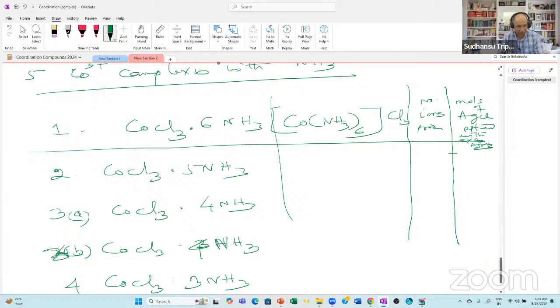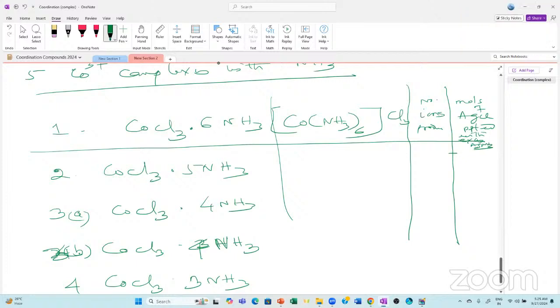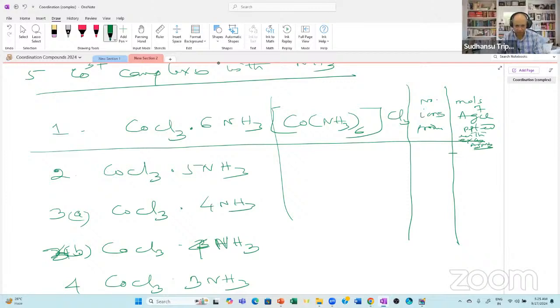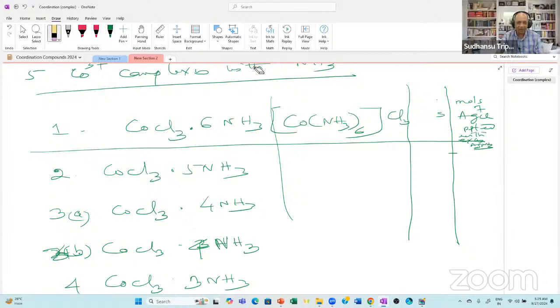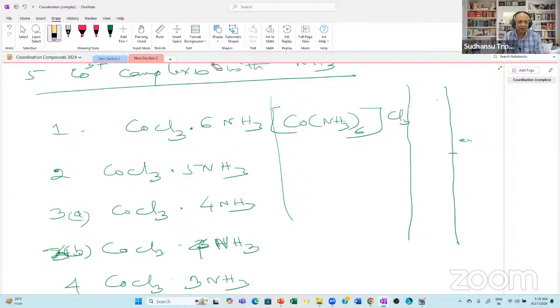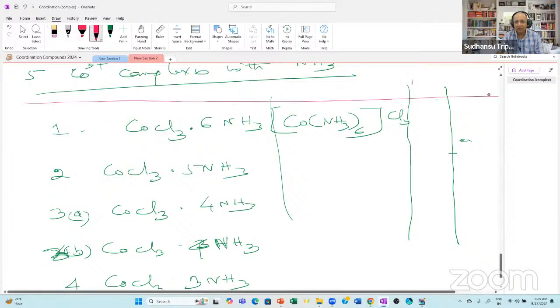Now, how many ions are produced? Yes, Udit, I think C, A and B are the same. It's four. How many ions are produced? It is four, yes. Why? Because the complex is one ion. The total number of ions, and the number of moles of AgCl precipitated with excess silver nitrate.